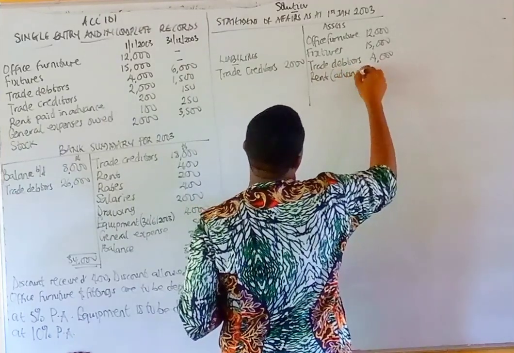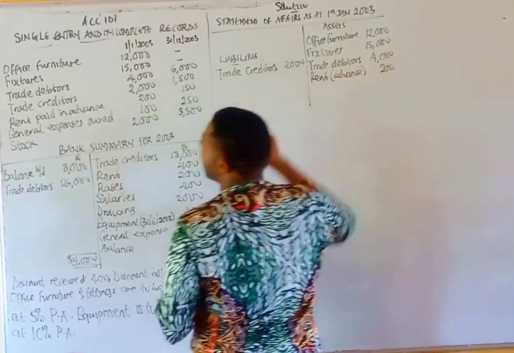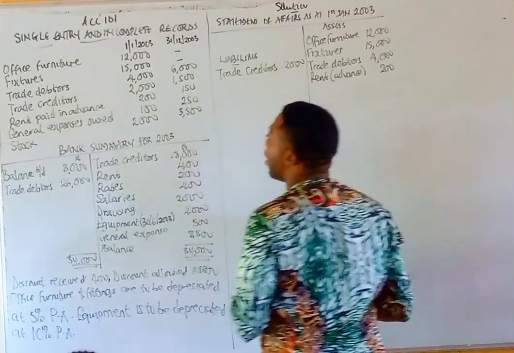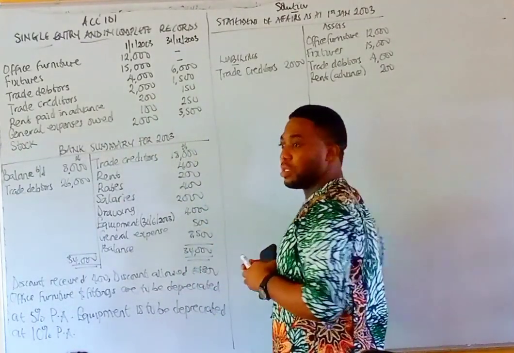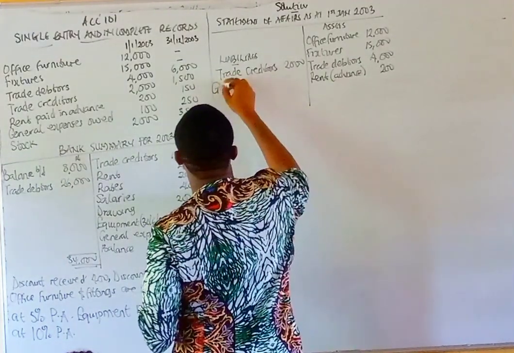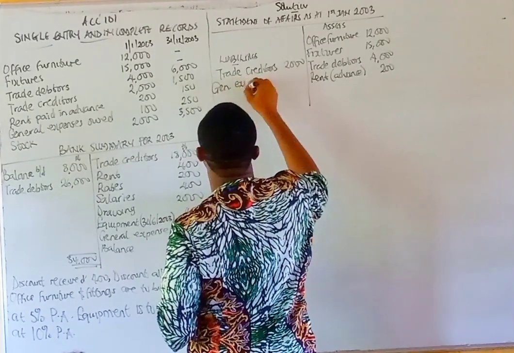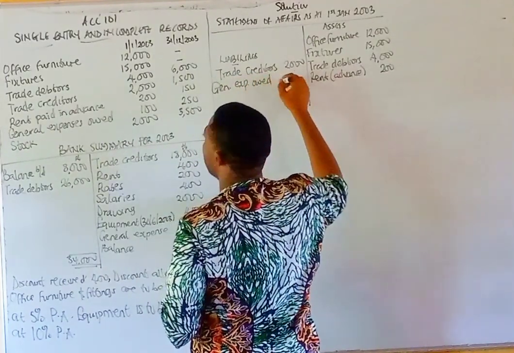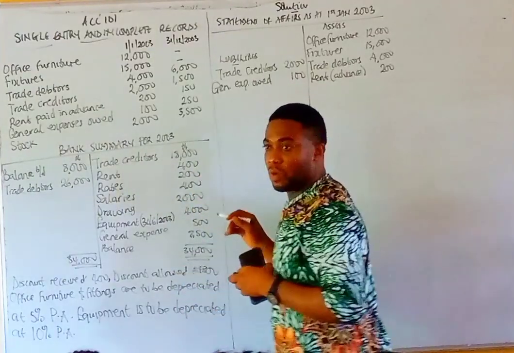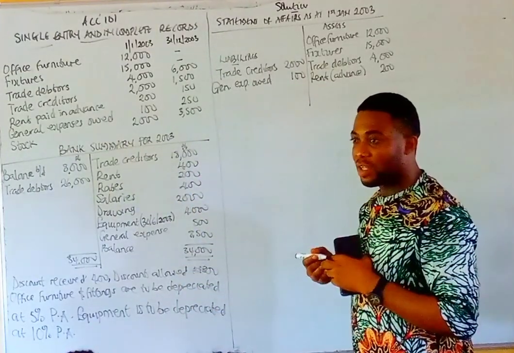How much? 200. General expenses. Asset or liability? General expenses, how much is it? The next one, what is it?